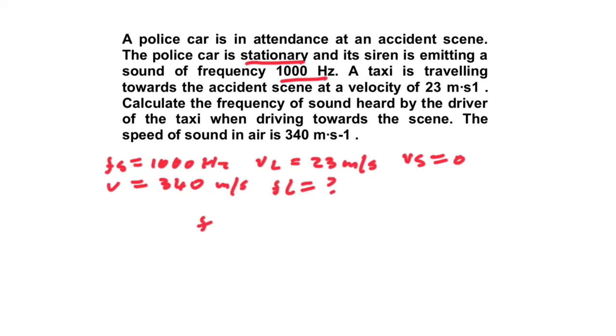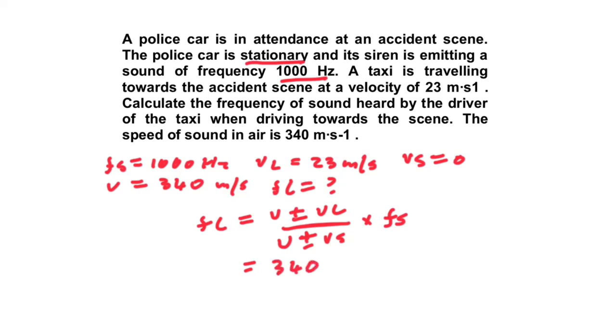So we're going to have FL being equal to V plus or minus VL divided by V plus or minus Vs multiplied by Fs. So what is V, speed of sound in air? 340. Our listener is moving towards, so on the numerator, we're going to have plus 23.